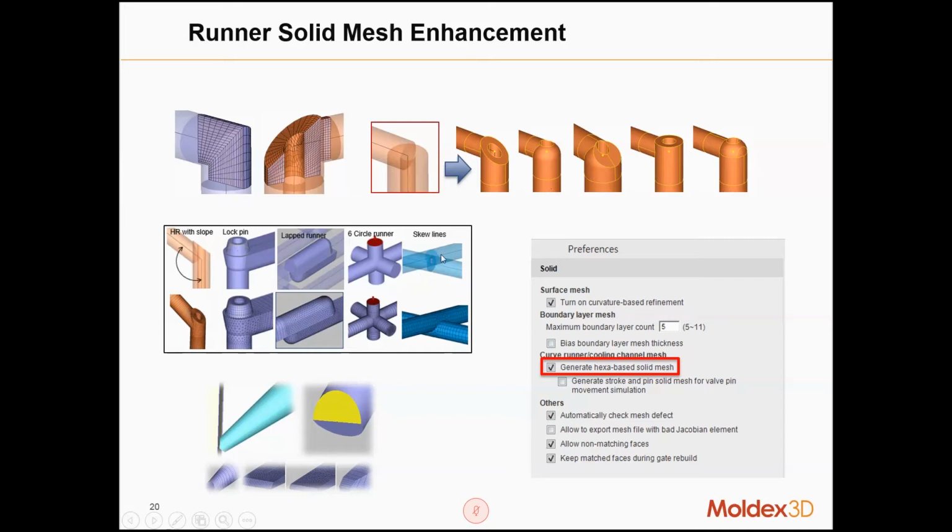Also, if the center lines of the cooling channels are not touching each other, we can still generate the cooling channel mesh. But to use all these mesh functions, we have to enable this option, generate HESA-based solid mesh. We can find it in the preference settings. Without this, we are not able to use those new mesh functions.